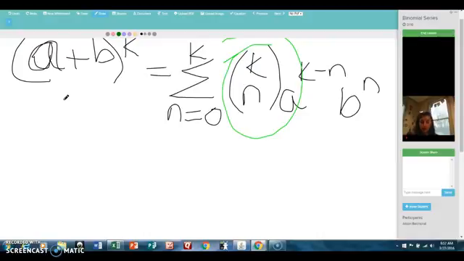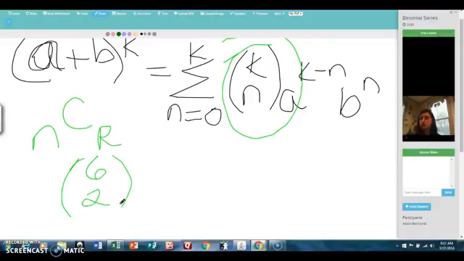On your calculator, you might recognize this as nCr, meaning n things taken r at a time. So if I were to give you 6, 2, it would be the number of combinations that we could do if we had 6 things taken 2 at a time. That number is 15.